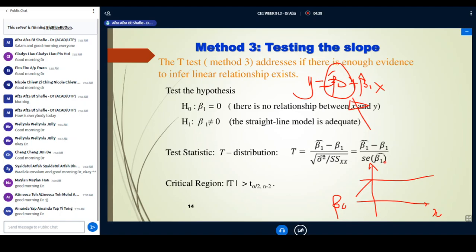It is basically used for us to calculate the t test statistic, that is, the value of t. And whatever value of t we get, we will compare with the value of t alpha over 2, v, where v here is n minus 2.